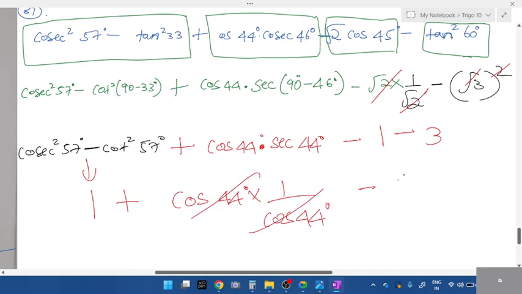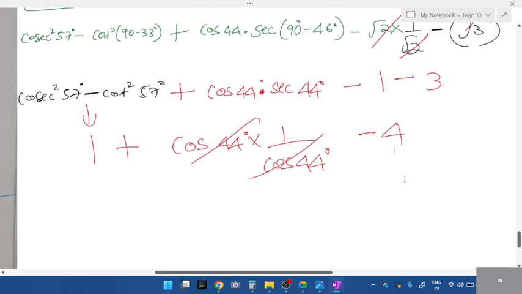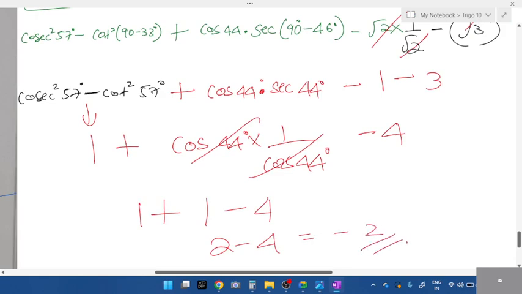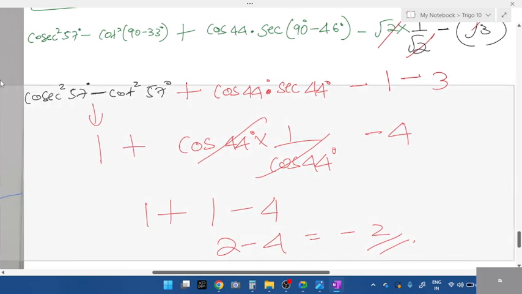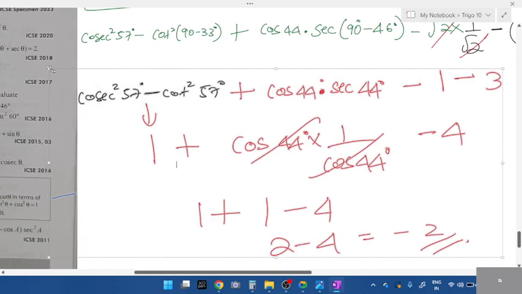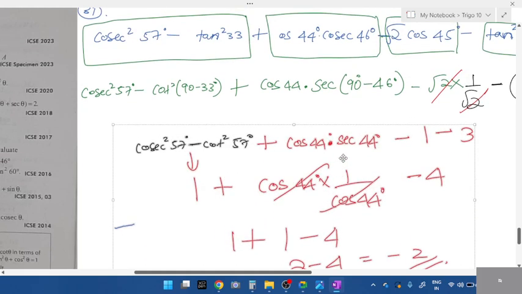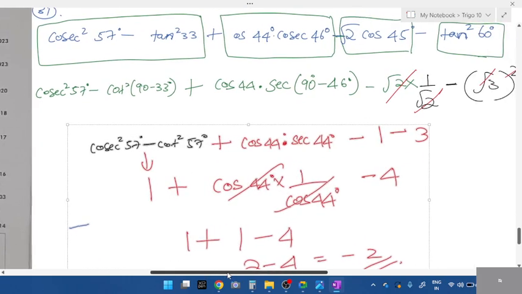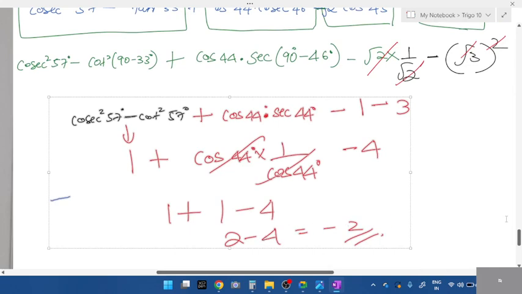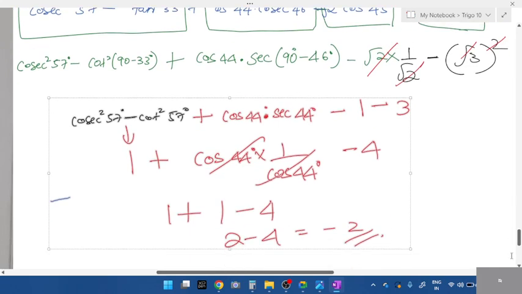Okay. Minus 1 into minus 3 is minus 4. I'll keep it as it is. 1 plus 1 minus 4. 2 minus 4. The answer is minus 2. Is this clear, students? All of you understood? This is how we solve. So in this question, we use complementary angle, reciprocal relation and the trigonometry table. Complete it.